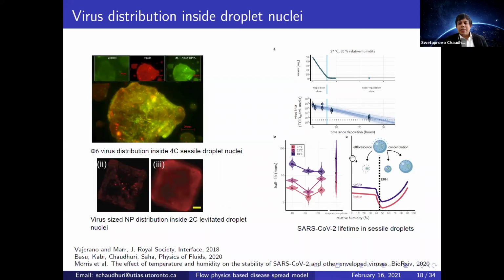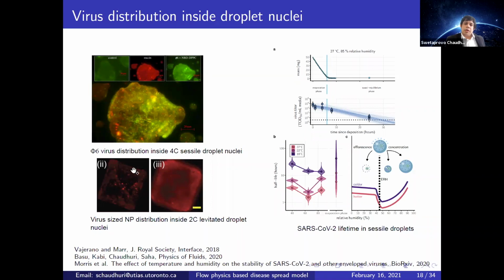Whereas if the droplet remains as is, that is almost in its droplet state, then the virus can remain infectious. As a result of this, the half-life has a kind of U-shaped curve as a function of relative humidity. And this information is included in the model that we have just shown.